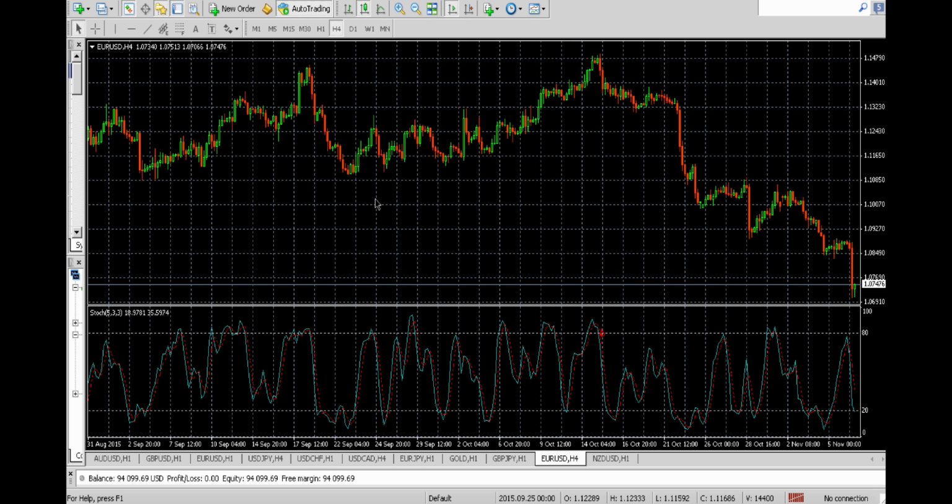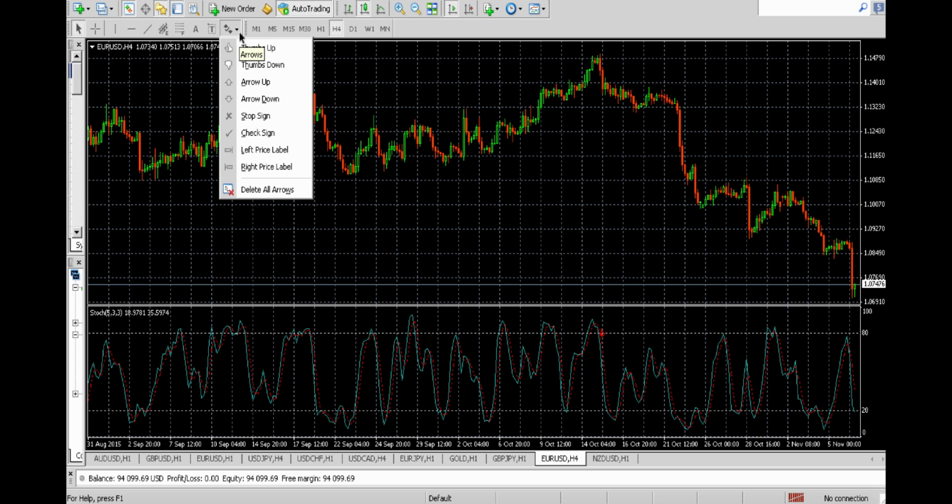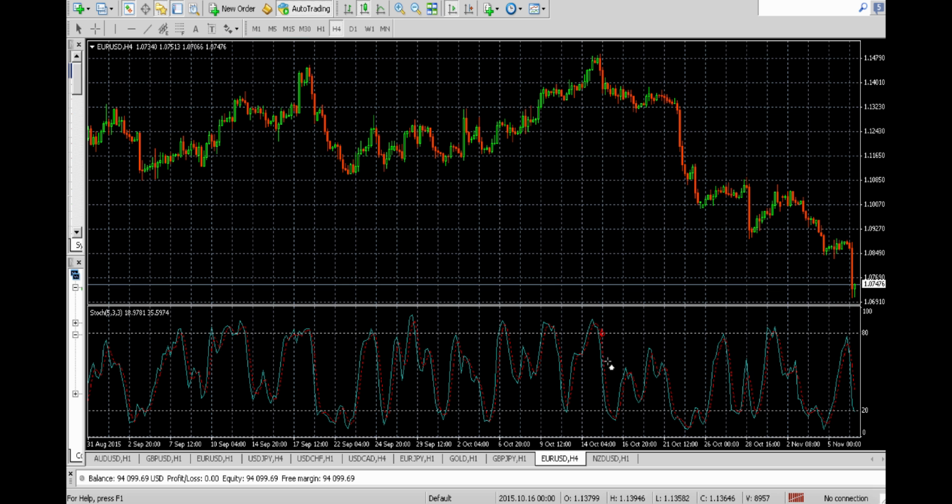This is where the stochastic is telling us there is a sell momentum just happening right now, and this is where we want to take note to consider going into a short position. So right about here.